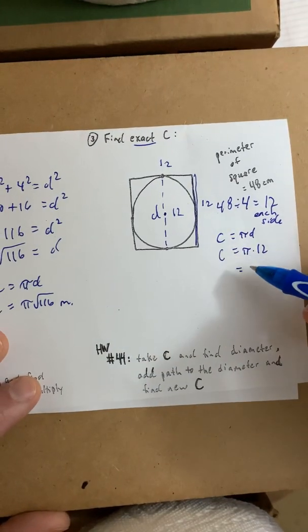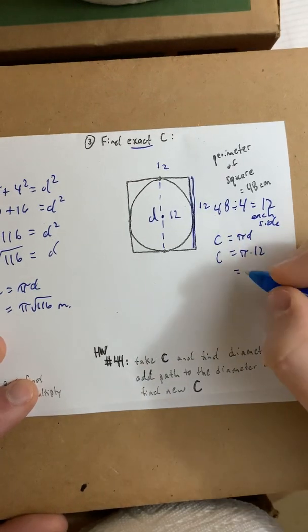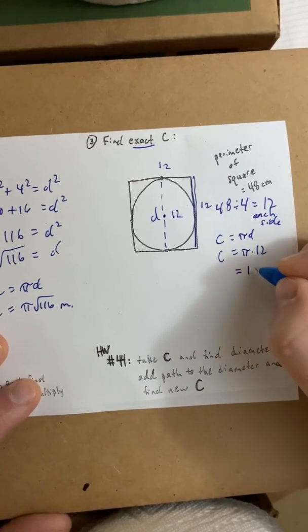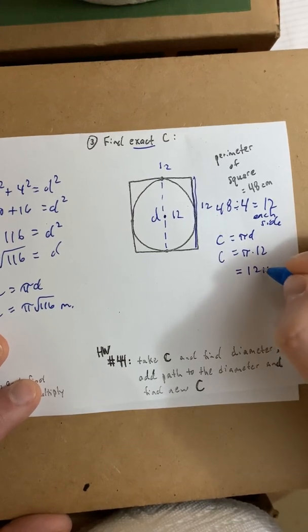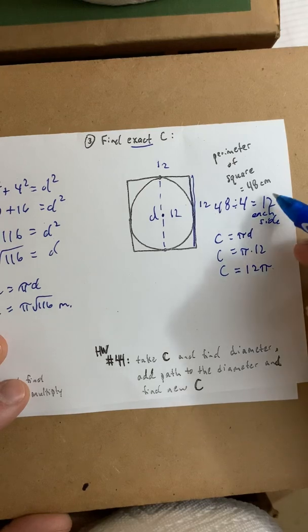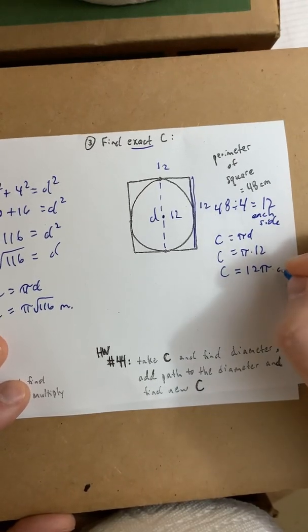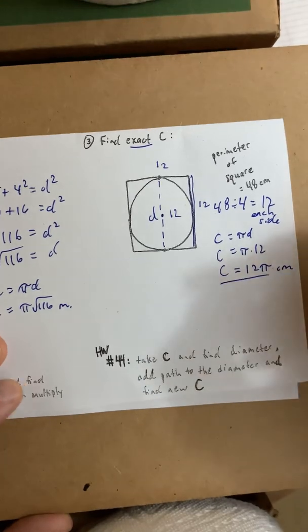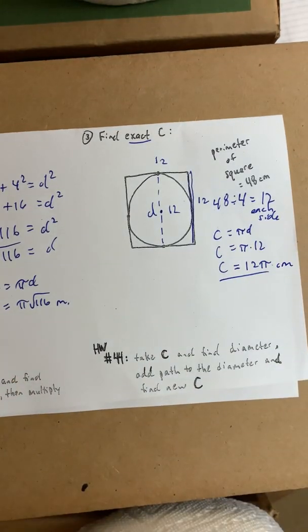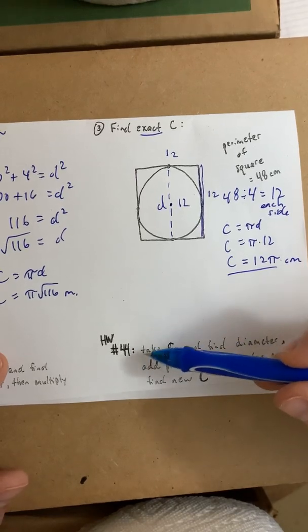Normally they write the number as the coefficient in front of the pi symbol, so go ahead and start getting used to doing that. 12 pi is our circumference. And we can tack on a unit if you want, centimeters it looks like. And there we go.